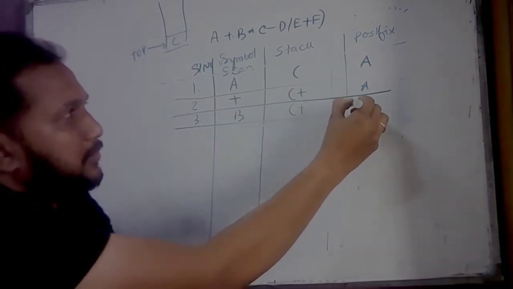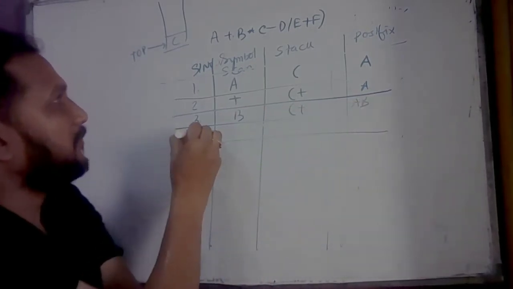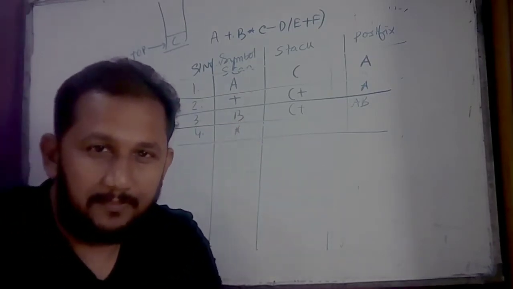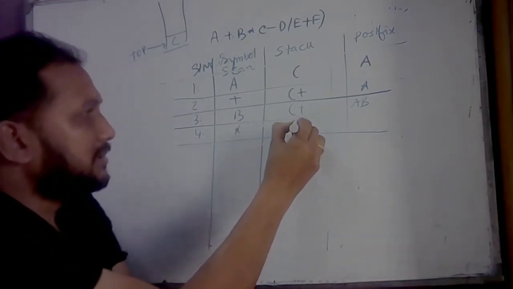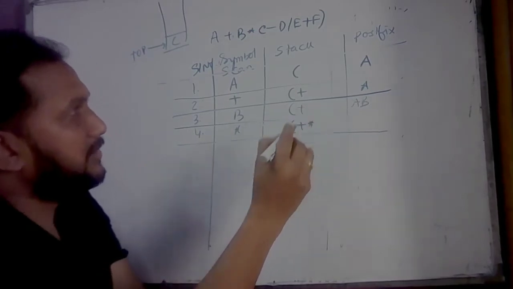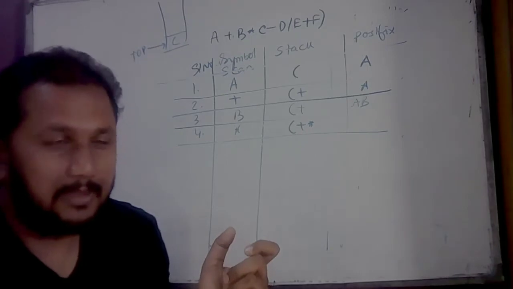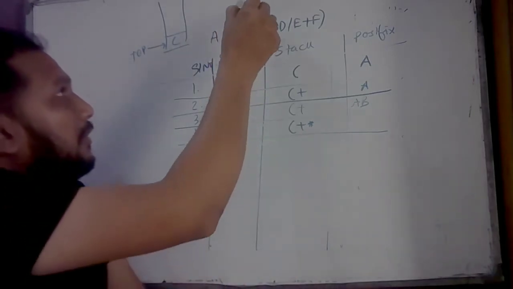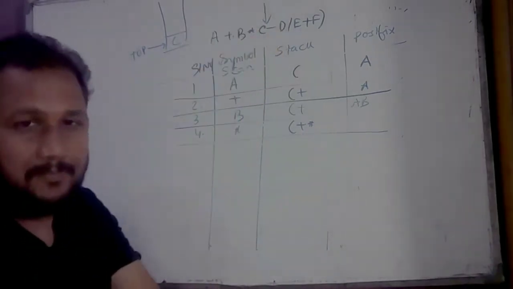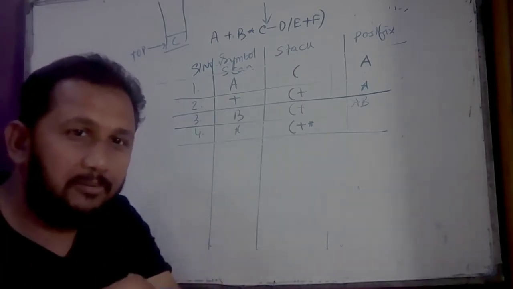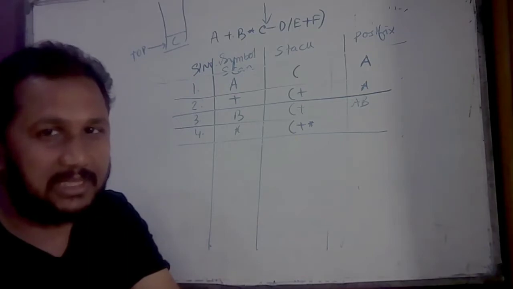B goes to postfix. And next, number 4, there is a multiplication operation, and the multiplication is included into the stack. The priority of multiplication is greater than plus, but there is an operand C. When C arrives, then the multiplication operation will transfer to the postfix expression.